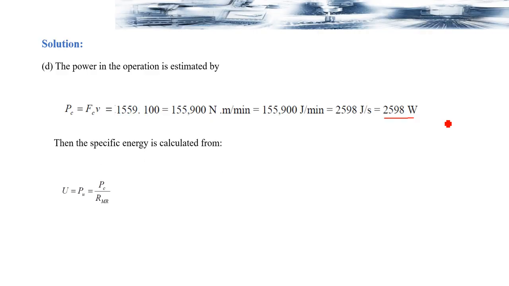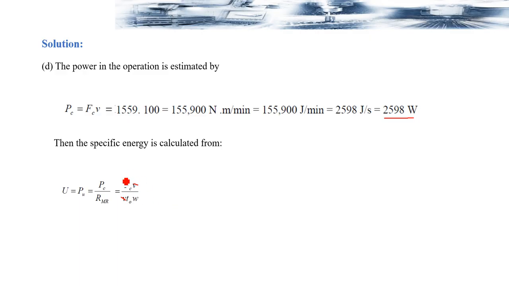Now let's calculate the specific energy. So specific energy is by using the power of the cutting divided by the rate of the material removal. So the rate of the material removal, okay, to find that, we can use the equation of U, that the cutting force multiplied by the velocity of the cutting divided by the velocity of the cutting multiplied by the t0 multiplied by the w.